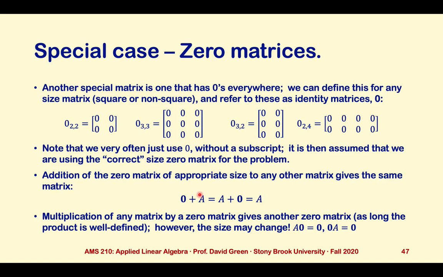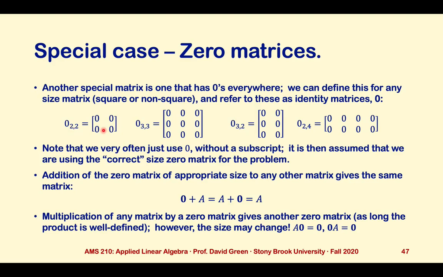Another special matrix you might sometimes see is the zero matrices. These are matrices that have zeros everywhere. Zero matrices don't have to be square, right? We can only define an identity matrix for a square matrix because we need this well-defined diagonal property. For zero matrices, we're just filling the whole thing with zeros, so there's no reason that we can't make any size matrix a zero matrix.